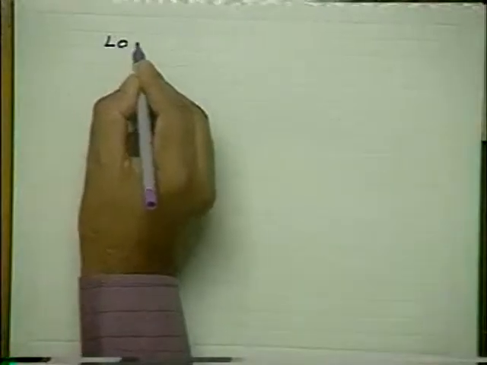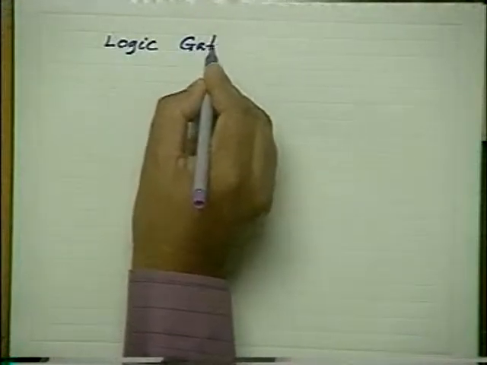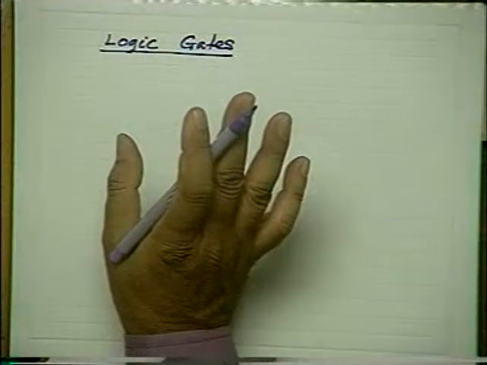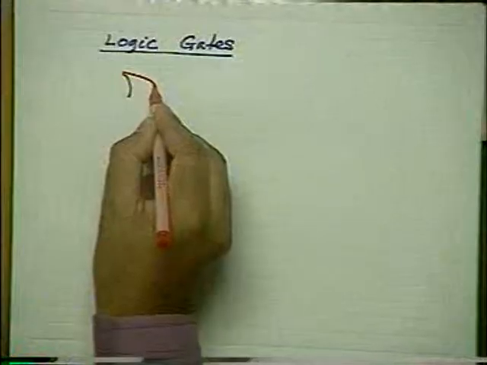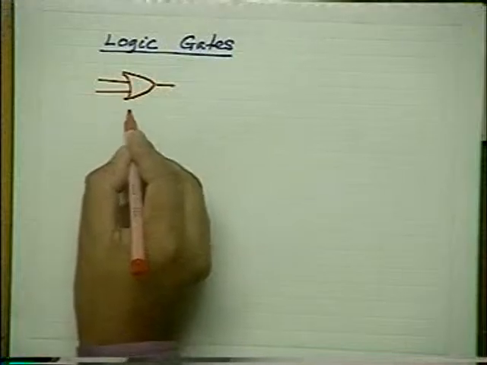First, let me define some symbols of the logic gates. The first symbol that I will be defining, we call it an OR gate, a 2-input OR gate.